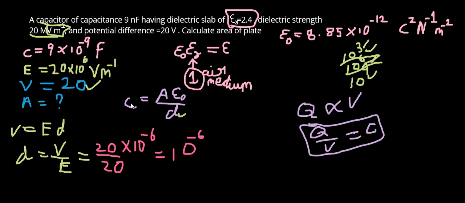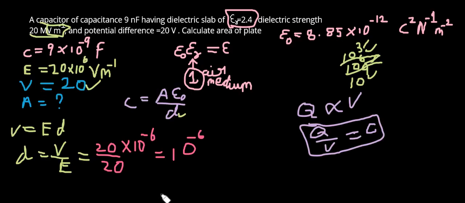A we have to find, epsilon naught is a constant value, and the capacitance value has been given here itself. So now what is the final thing? We are going to substitute these things. So C is equal to A epsilon naught by D. Another thing you must note here is that it is not a air medium, so instead of using this epsilon naught, you are going to use epsilon naught times the ER.